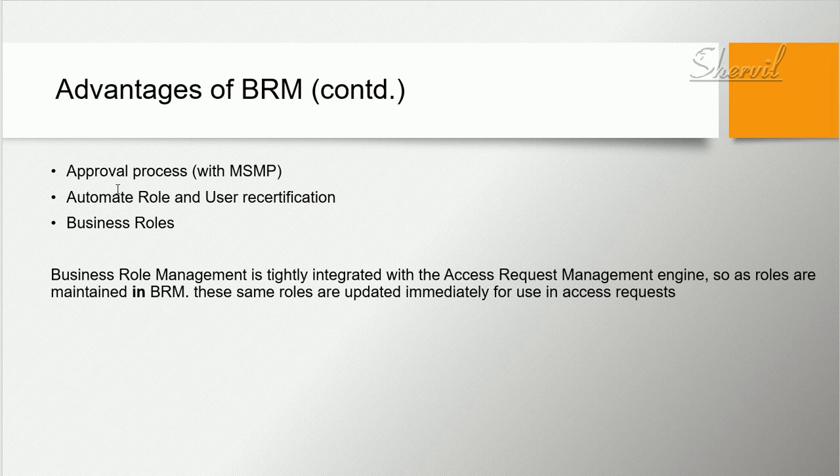So business roles are like composite roles. You can create a business role in BRM which includes all these single roles or technical roles, whether it's a composite role or a derived role, from your plugin systems. You can put them into one business role and assign the business role to the user.